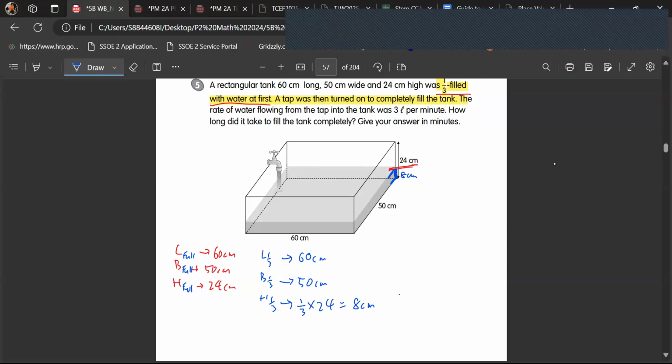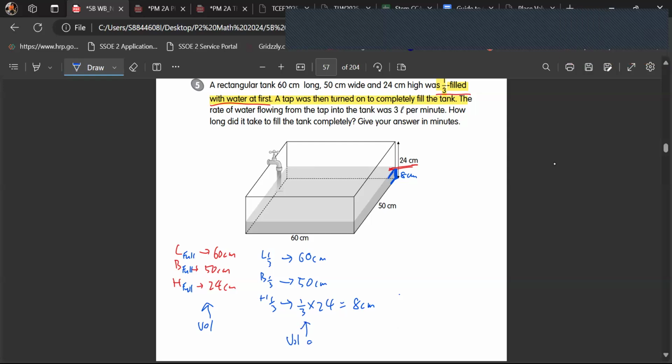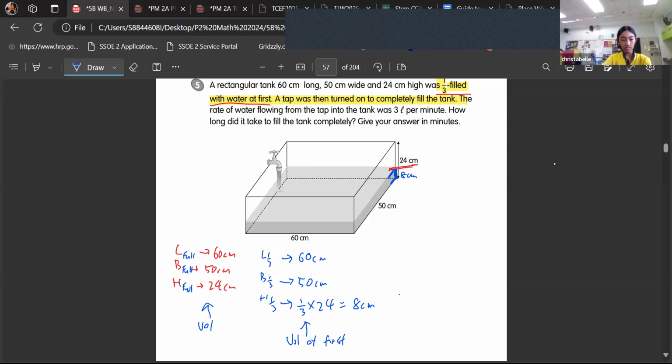So there are two methods to do this. First, I find the volume of the whole tank when it's full, minus the volume at the start. Find the difference between them. Alternatively, I'll just take the shortcut.